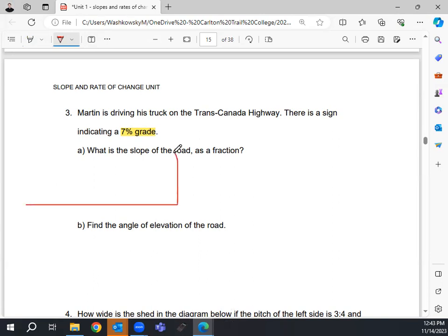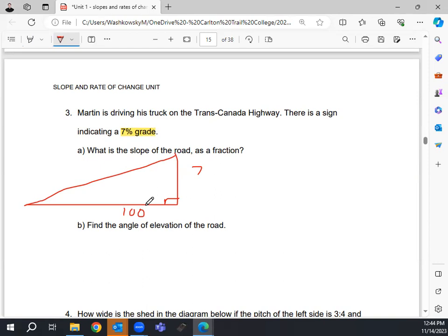So I'm going to quickly draw a right triangle here, because right triangles are all we're working with. If it's a 7% grade, that means rise over run, right? So what would be in my rise part? 7. And what would be my run part? 100. Perfect.